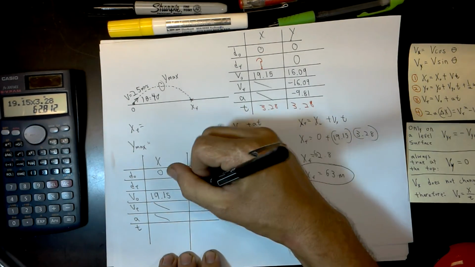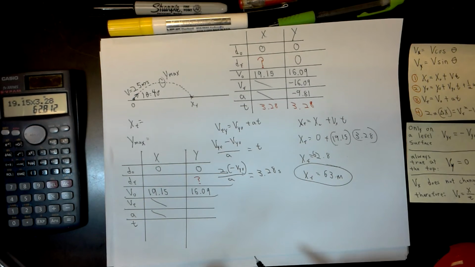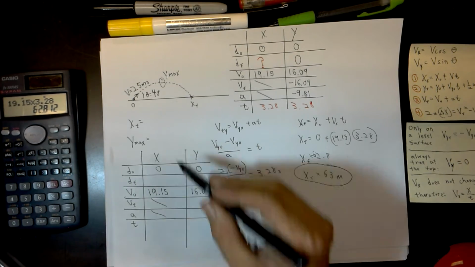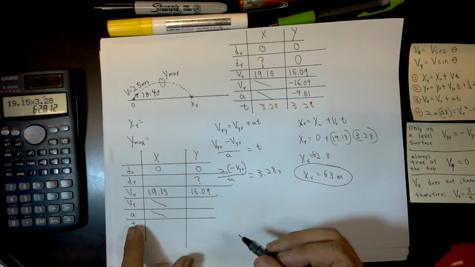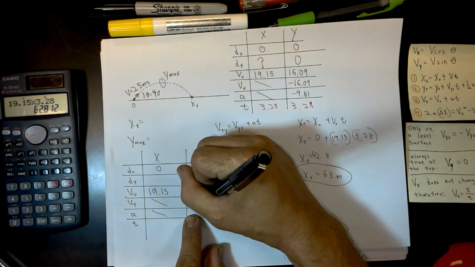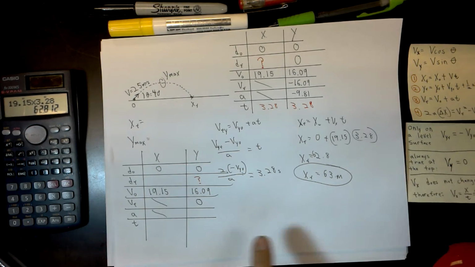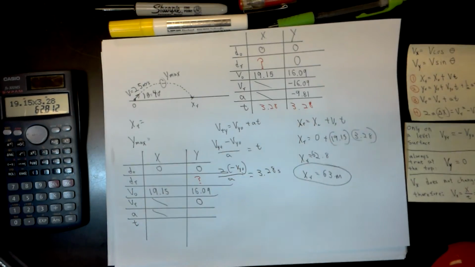The initial velocity is still the 16.09. And for this one, I'm not going to put that the initial or the final velocity is the same, because we're trying to find the maximum height. So I'm actually going to put a 0 right there, because the Y velocity is equal to 0 at this location that I'm trying to solve for.